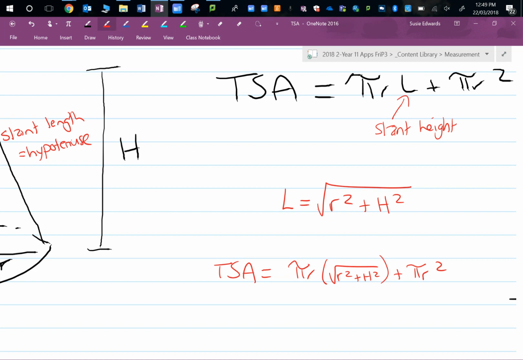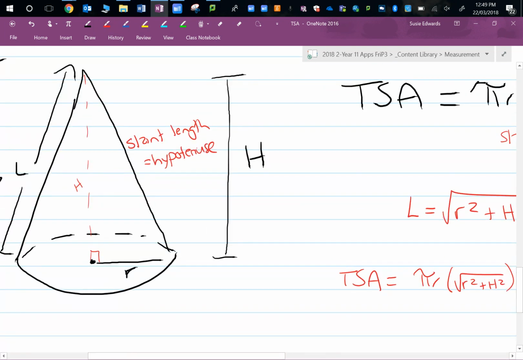Any questions there? Can you see what I did there? Is anyone going, what in the world did you just do? Yes? Okay. So if we think about Pythagoras and we look at a right angled triangle, so here we've got this right angled triangle. You see that? So we've got H is the height of that right angled triangle and R is the base, and we're trying to find the hypotenuse.